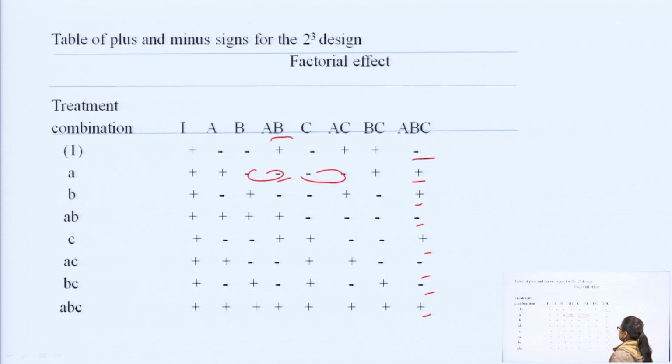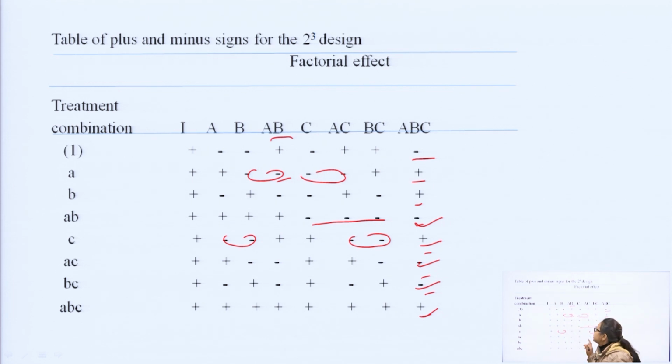Here again you can see plus, plus, plus, and 3 minus, so the result is minus, and so on for the remaining rows.